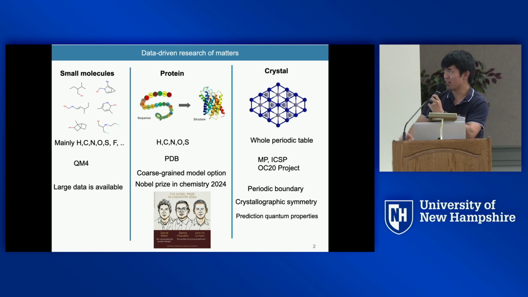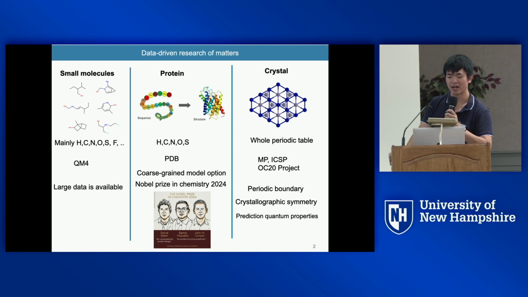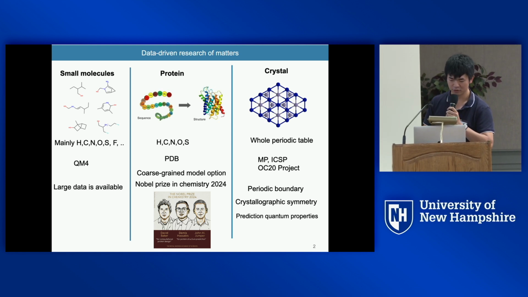Furthermore, today machine learning for crystals is becoming more and more of a hot topic, including condensed matter. Even though all of these are common in that everything is made up of atoms and structured matter, small molecules, proteins and crystals have different natures in terms of periodicity and symmetry.